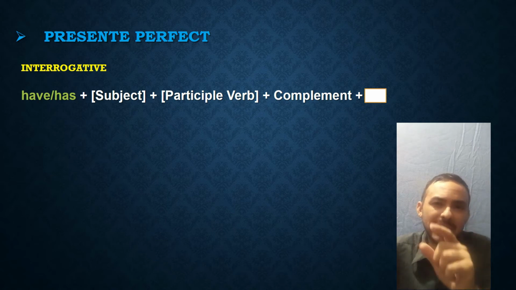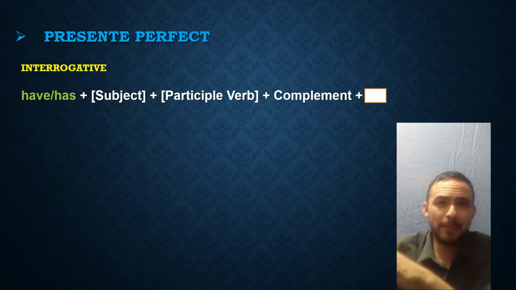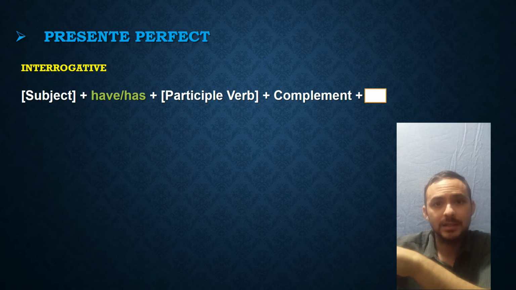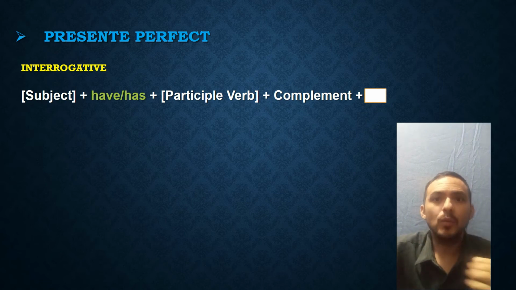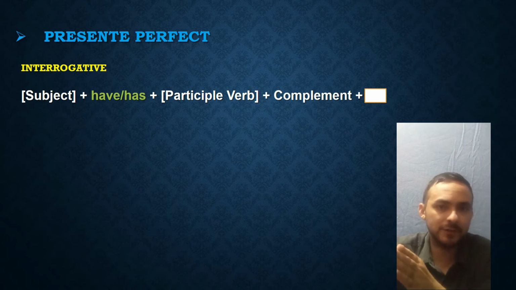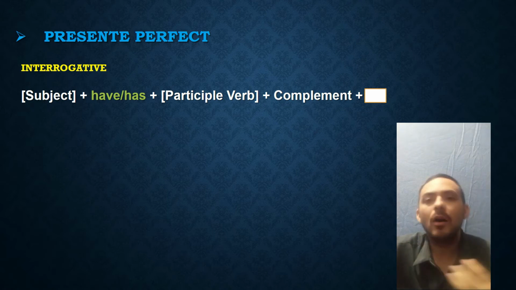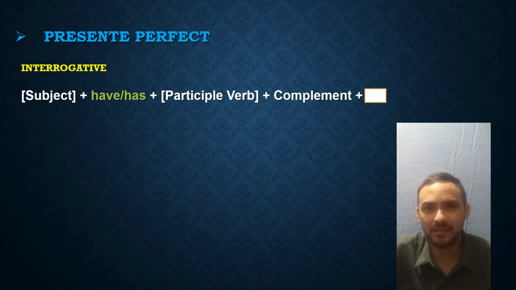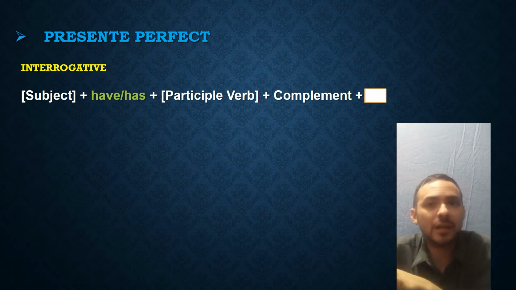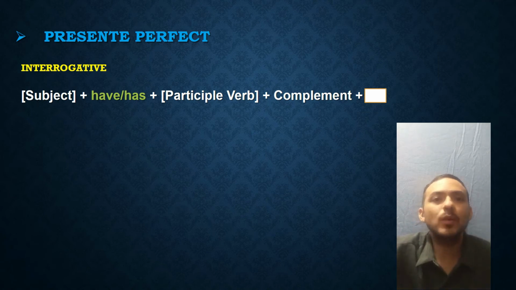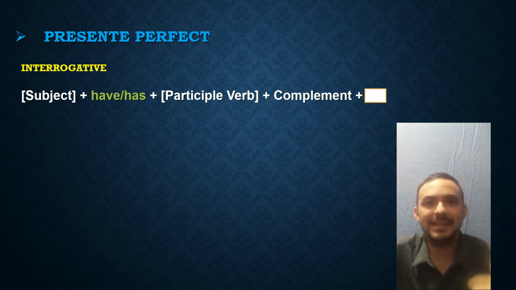In the blank box on the right, we are going to place a question mark, but only at the end of the sentence. In Spanish, it also has to be at the beginning, but in English, no. Just at the end of the sentence. Okay, let's see this one more time.